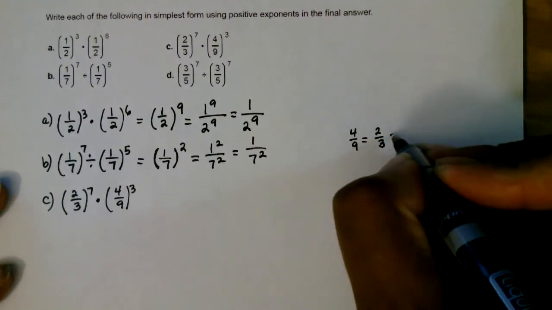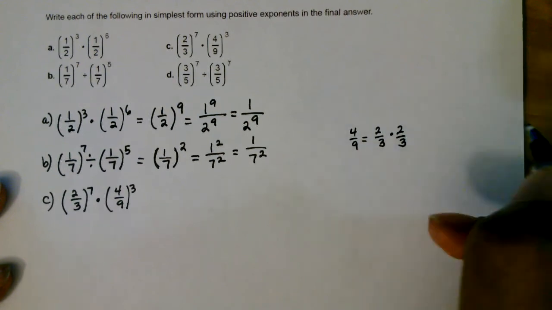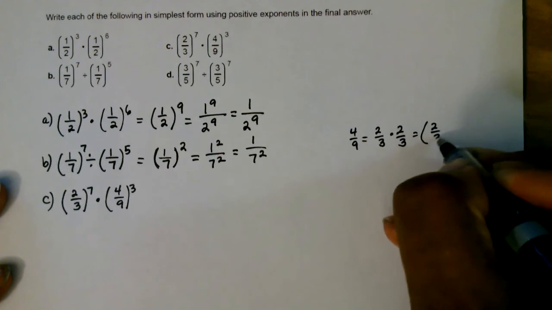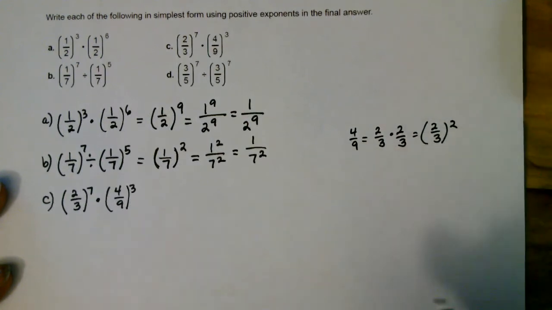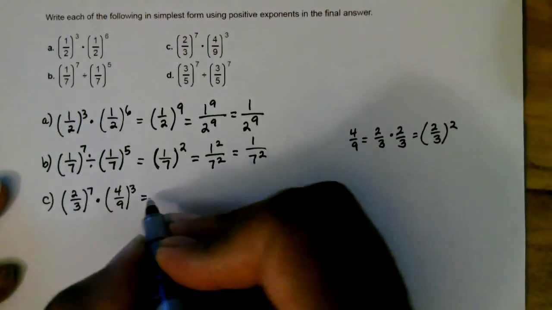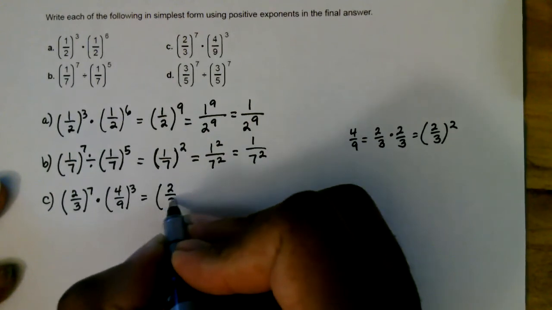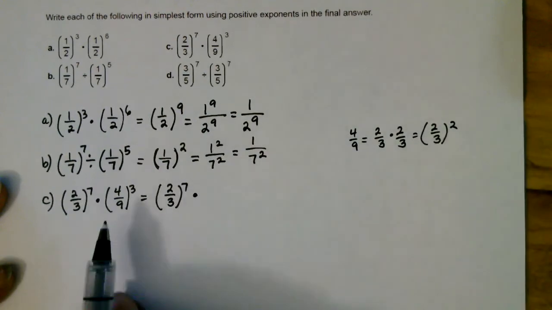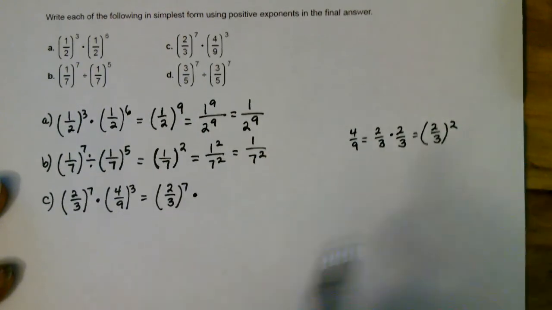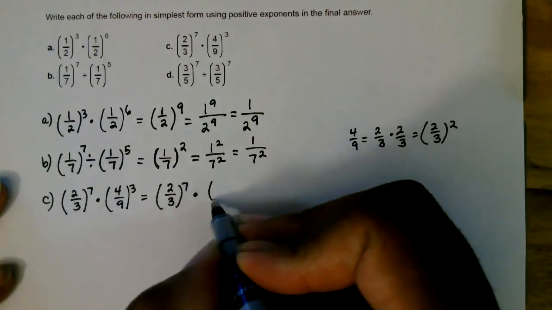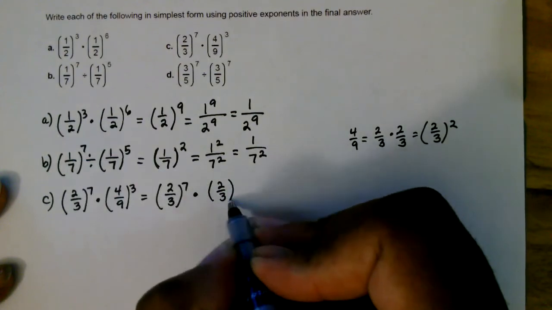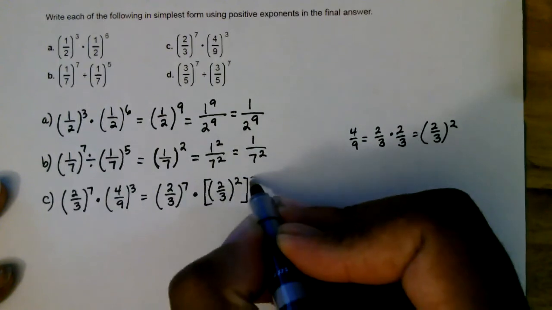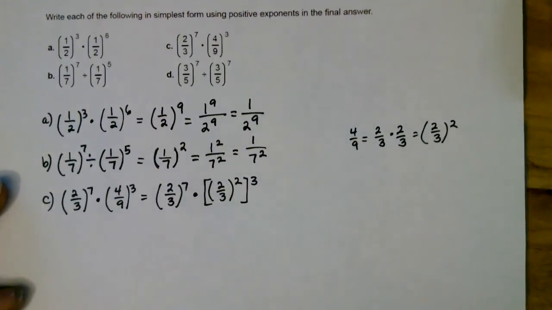That's actually 2/3 times 2/3, which can be written as 2/3 squared. So here's what we're going to have. 2/3 raised to the 7, I'm just bringing that over, times, and I'm going to replace that 4/9 with what it's equal to, 2/3 squared, but I still got that exponent of 3. I'm going to bring that over.